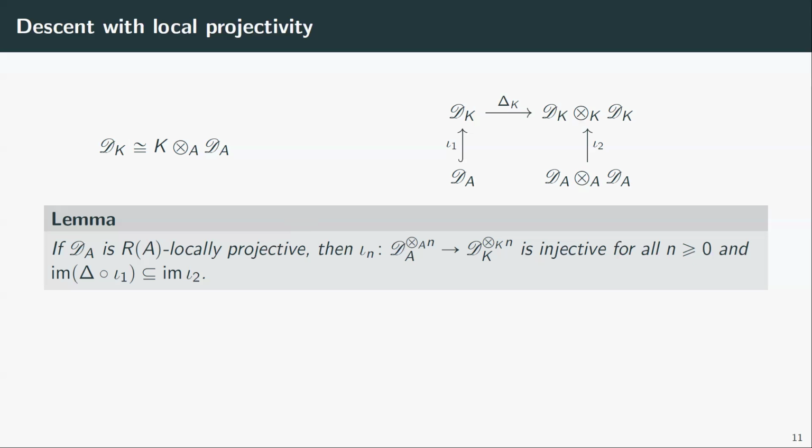And when I tensor once more with dA, this is just iota2. And so the injectivity follows from the local projectivity.